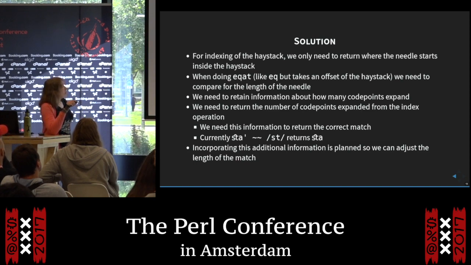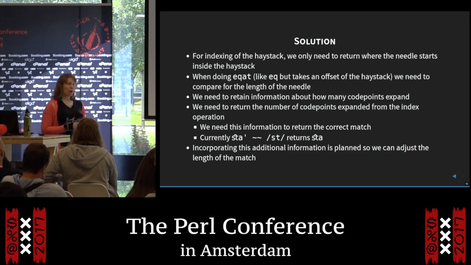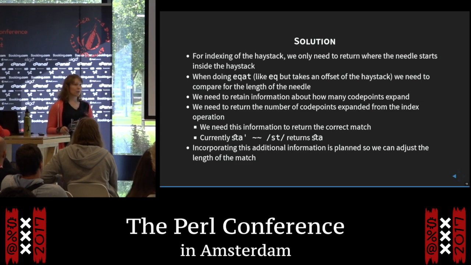So, I realized that what we really want for the index operation is the location based on the current haystack. You want to be able to expand the haystack at certain parts, but still keep a reference to the start of the needle. You have to keep track of how many code points it changes, because my functions retain that information.